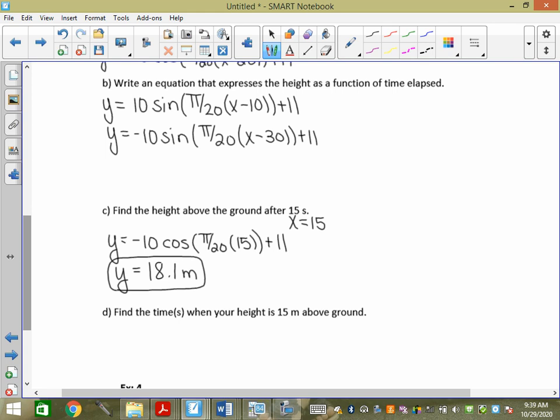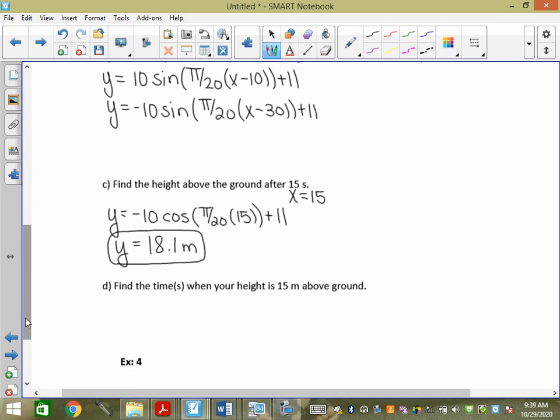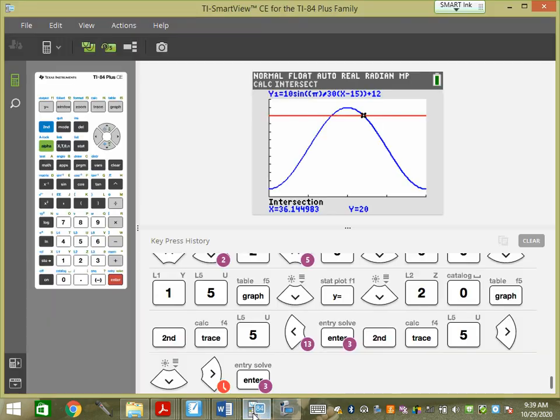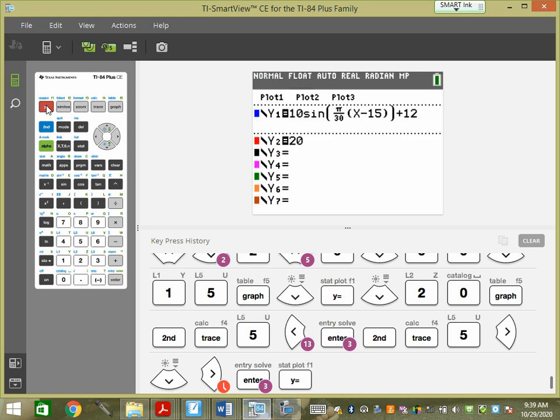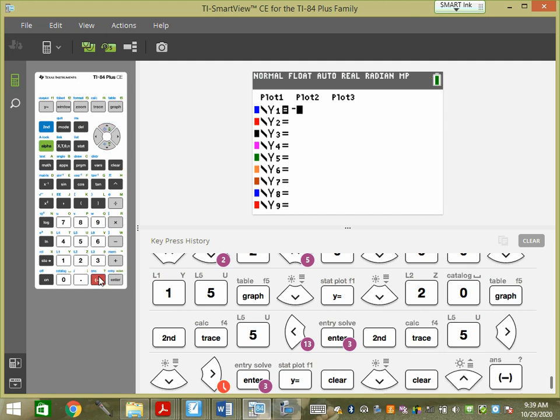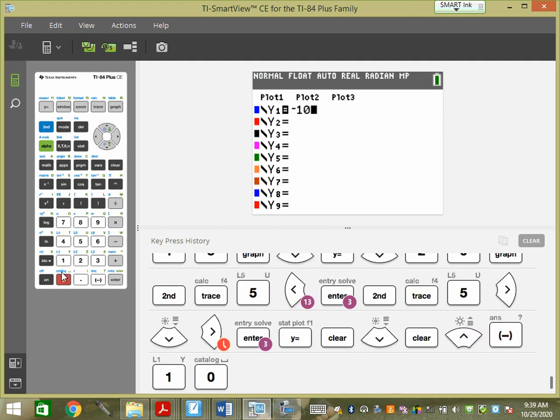D gives us the height this time. If it gives us the height, what do we have to do? Put it into Y2. Find out where they intersect. Or what it was.